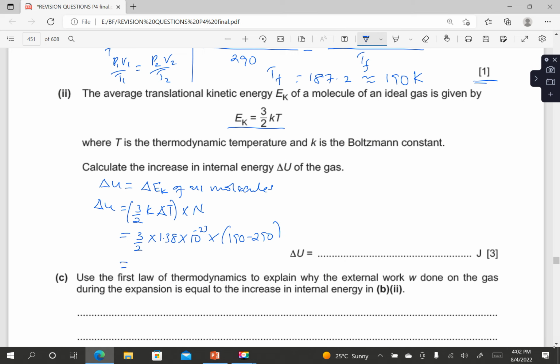The final temperature is less than the initial temperature, so it means the internal energy is decreasing. The number of molecules we proved in the previous part, so this is 6.6 times 10 power 23. Very fast, I'm pressing my calculator.